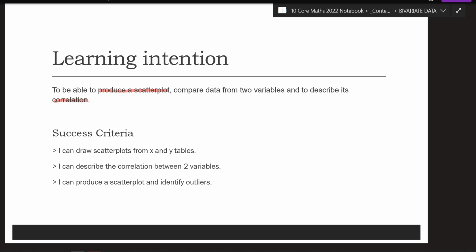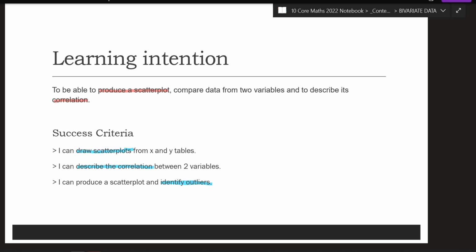If there is a connection between them, that's the focus for today. And by the end of today, I'd like you to be able to draw your scatter plots on an X and Y table. Remember, that's what we're looking at, the X and the Y axis. And you can describe the correlation between the variables and identify an outlier. Remember, outliers in univariate, what's an outlier?